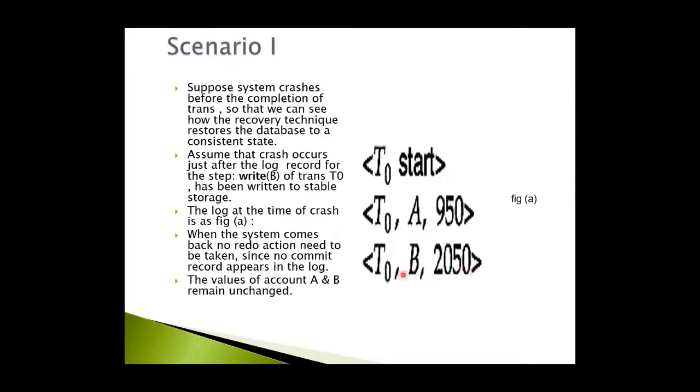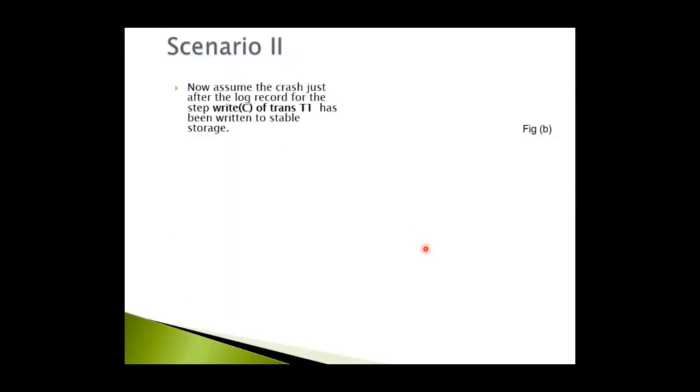Since no commit record appears in the log, the values of accounts A and B will remain unchanged. So no redo operation will take place. When T0 is rolled back or restarted, it will again take the original values of accounts A and B. So ultimately, it is preserving the atomicity of the transaction.